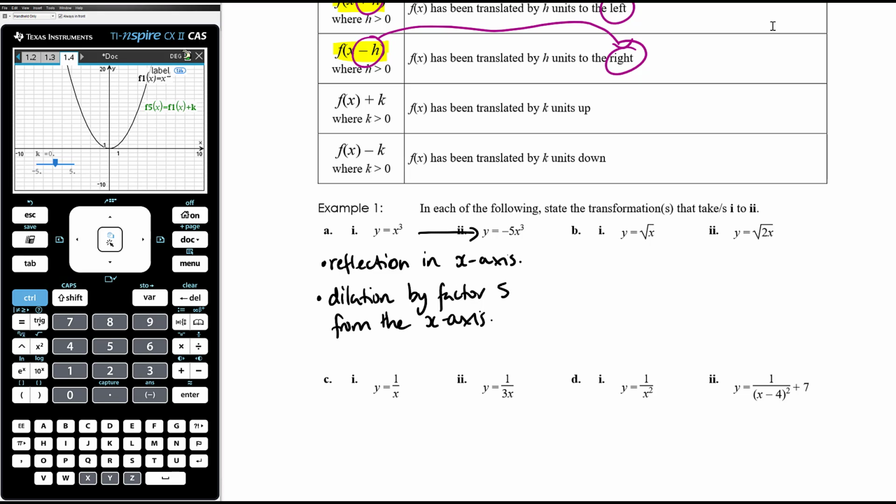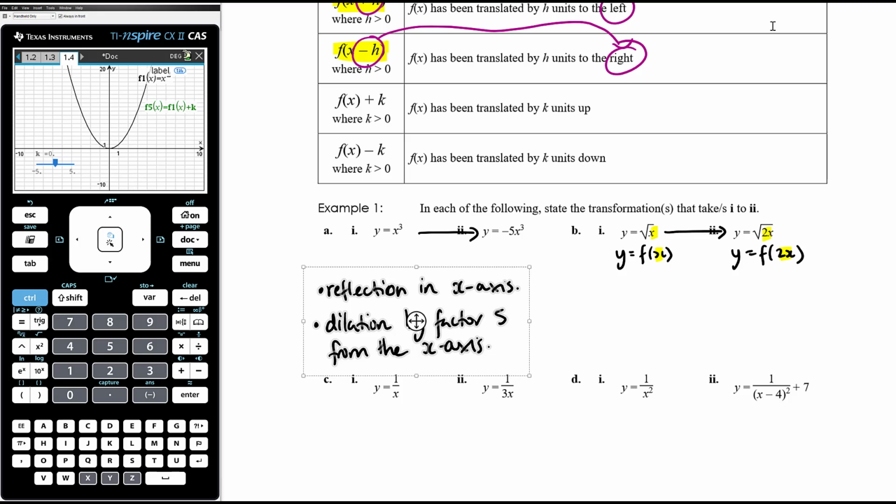Okay, next, in the second one, part B, we're going from y equals root x to y equals square root of 2x. Okay, so if this is y equals f of x, this is y equals f of 2x. The x part of the function has been replaced with 2x. Whereas this one up here, the previous example, part A, let me just write in there so we can see.